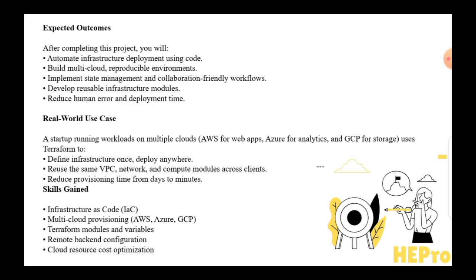In a real-world scenario, a startup running workloads across AWS, Azure, and GCP can define infrastructure once and deploy it anywhere, reusing VPCs, networks, and compute modules while cutting provisioning time from days to minutes. You will gain hands-on skills in infrastructure as code, multi-cloud provisioning, Terraform modules and variables, remote backend setup, and cloud cost optimization. Moving on further in the discussion.